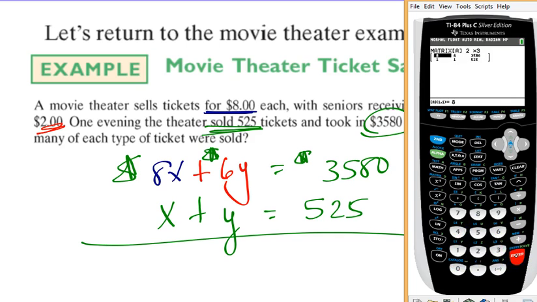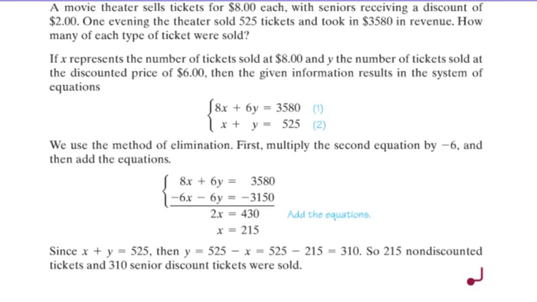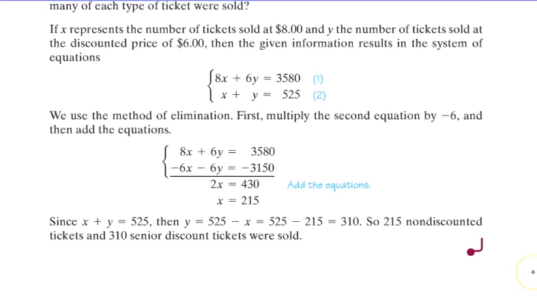The nice part is since I just did this in my calculator, if I hit second quit, and then second enter is a quick way to recall the RREF, reduced row echelon, and I have a new matrix A, so there's my answers. It says x equals 215, and y is 310. It's probably the fastest way to solve. So again, the author agrees x is 215 and y is 310.